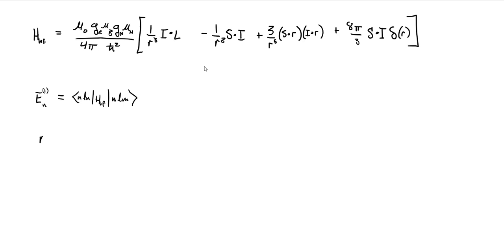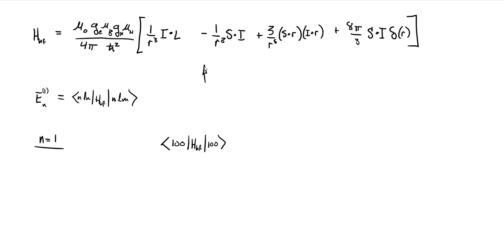So if we want to look at how this affects the n=1 state of hydrogen, we're going to be looking for that matrix element of our perturbation Hamiltonian with the 1, 0, 0 hydrogen state.